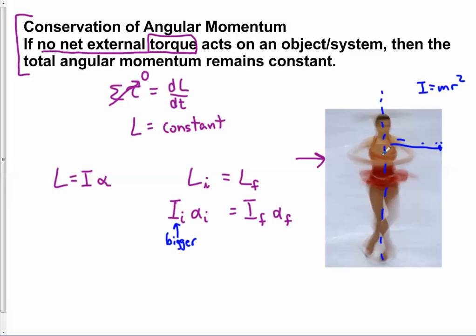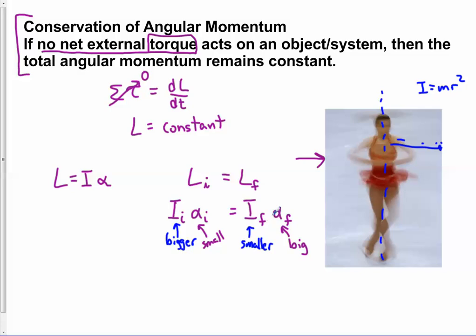But when they pull their arms in, then the R gets smaller. It's the same amount of M, but smaller R. And so they will have a smaller I. But overall, these two sides have to equal. So if the I is getting smaller as you go from initial to final, the compensation has to be that alpha must be getting bigger. So whereas maybe this alpha originally was not too big, it's going to have to get bigger to make up for the smaller I that it's multiplying with.